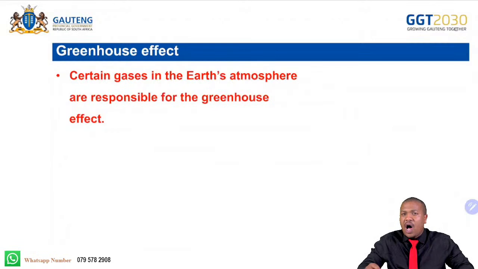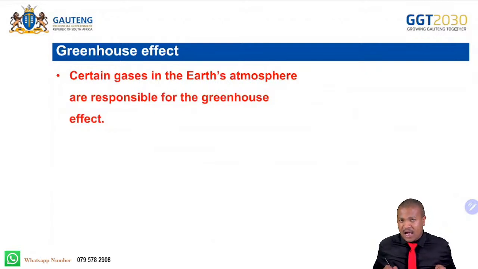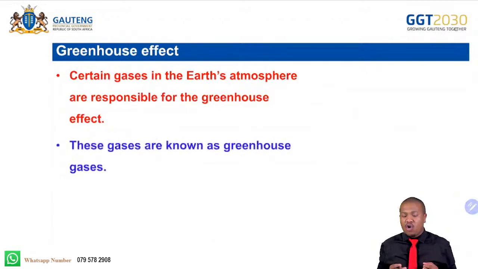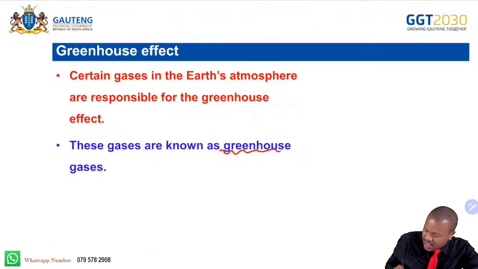So how does it sustain life? There are certain gases that are found in the Earth's atmosphere. These gases are responsible for our greenhouse effect, and such gases are called the greenhouse gases.